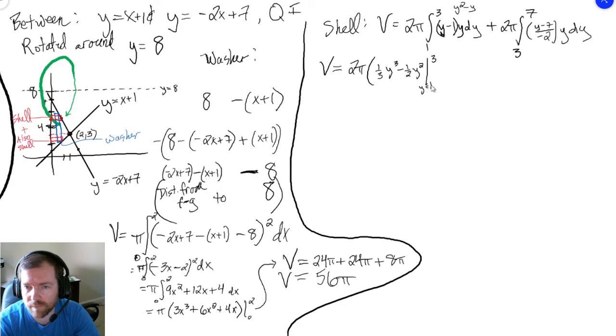Plus, we already got the 2 pi outside, so we'll factor that out. Keep it here. Plus, this is going to be negative 1/2 y squared plus 7/2 y.